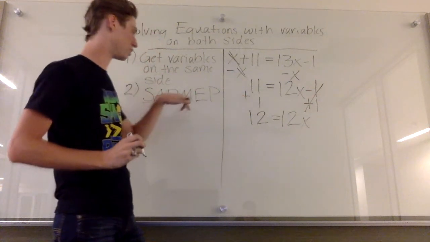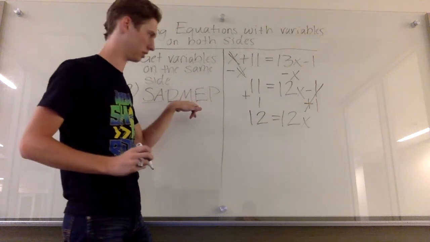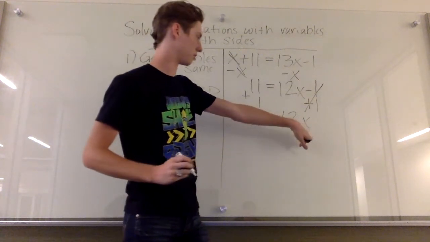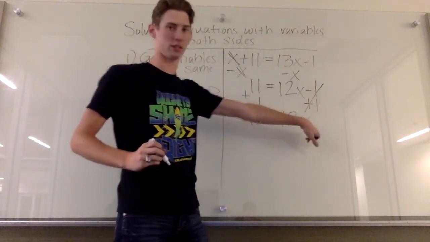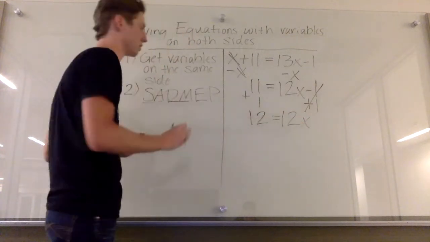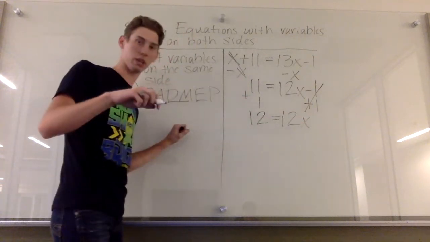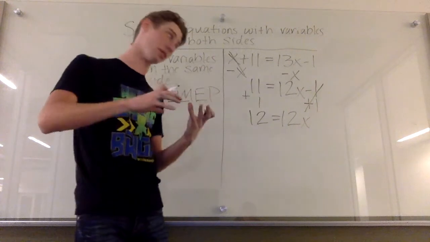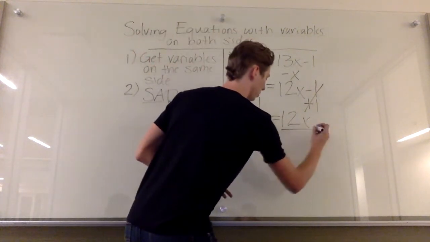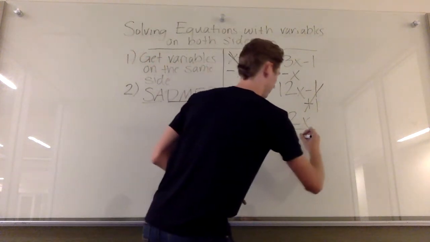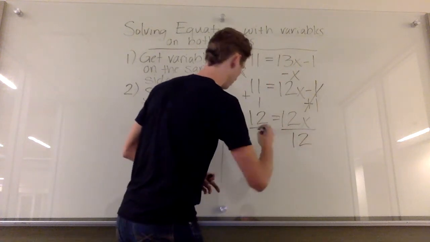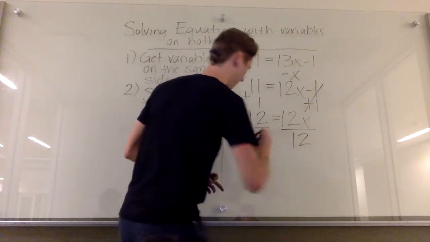Is there any division or multiplication happening to the variable? Well, yes, we've got 12 times x. That's what 12x represents. So we know if it's multiplication, we have to do the opposite operation again. We're going to divide by 12. The opposite of multiplication is division, right?